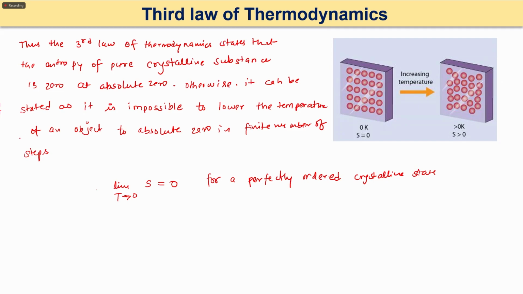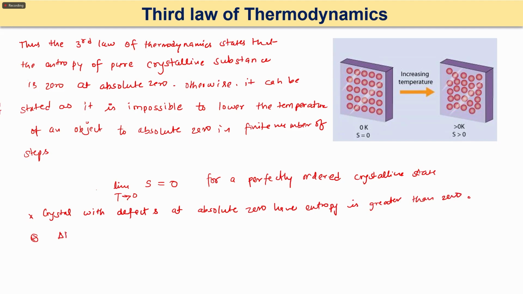So a crystal with defects or imperfection at absolute zero has entropy greater than zero, your S is greater than zero, and the absolute entropy of a substance can never be negative. Clear? Entropy of a substance can never be negative because there will always be some randomness or imperfection in the system.